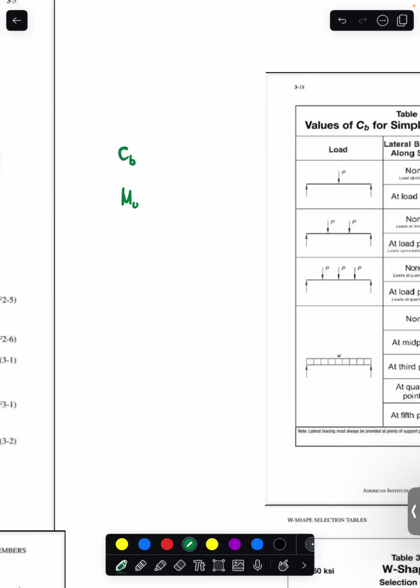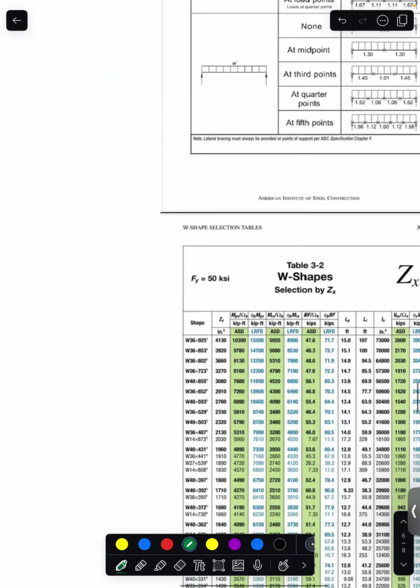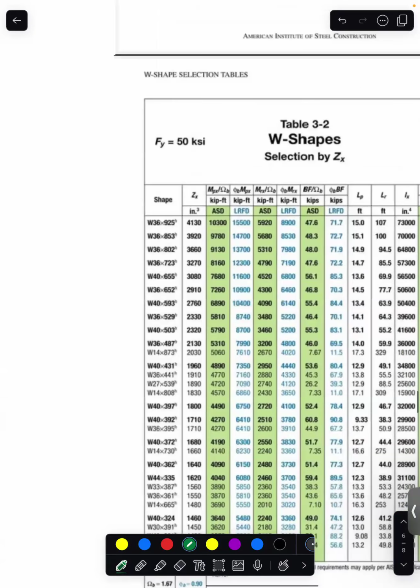Diba? May na-solve ka ng factored na moment. Ito yung maximum na moment, doon nangyari maximum moment, tapos meron kang C sub B. Ang hahanapin mo sa table na M sub N is actually M sub U over C sub B. Ganun mo siya hahanapin at this point because the following tables offer this part right here.